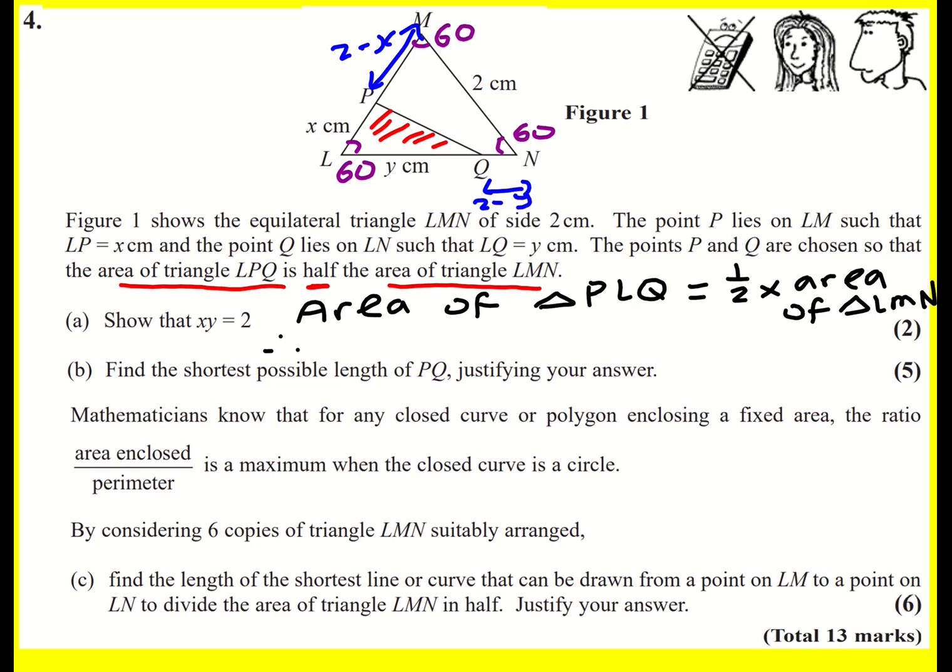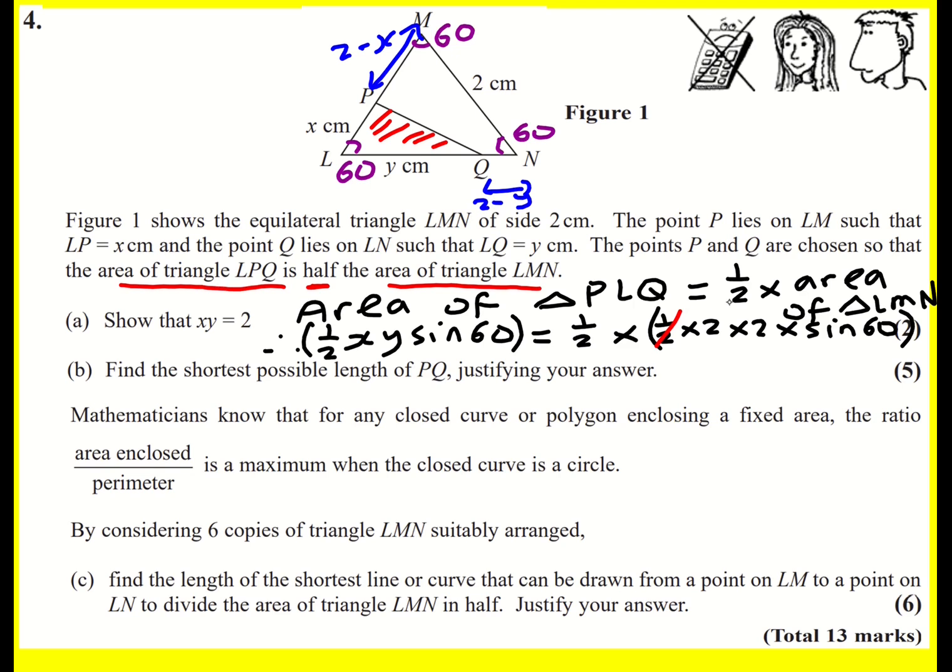And therefore, I can apply a half ab sine C. So for the smaller one, it's going to be a half xy sine 60 is going to be a half times a half times 2 times 2 times sine 60. So this part is the triangle, and this part is a triangle, and then I'm finding half of it.